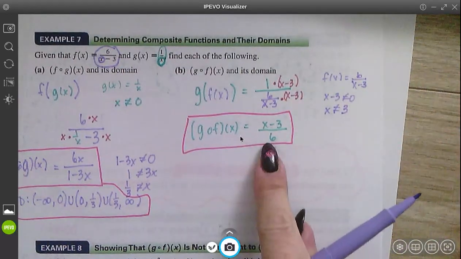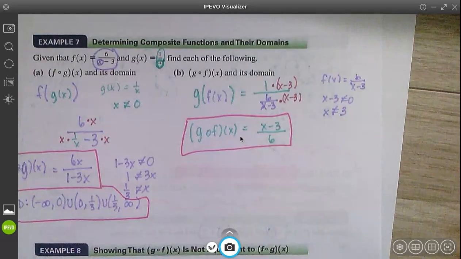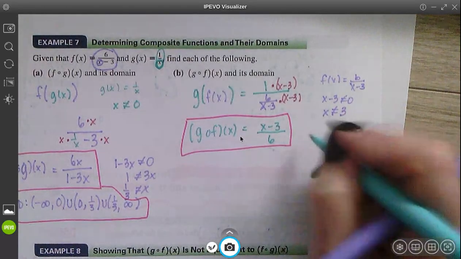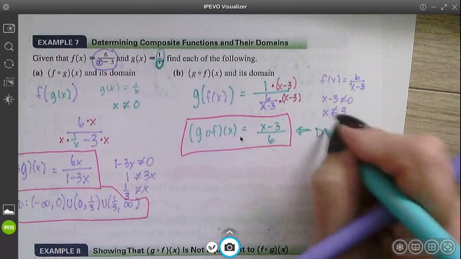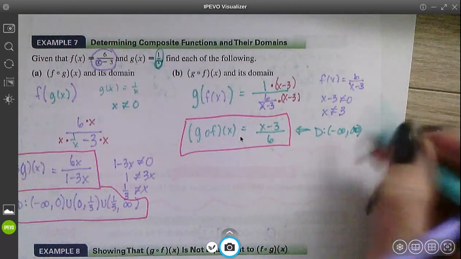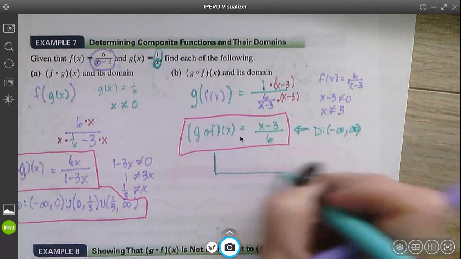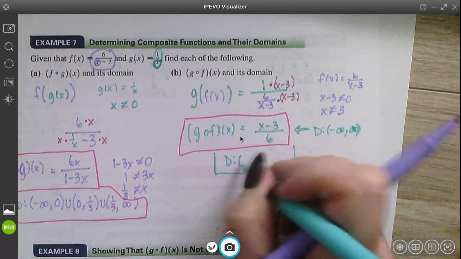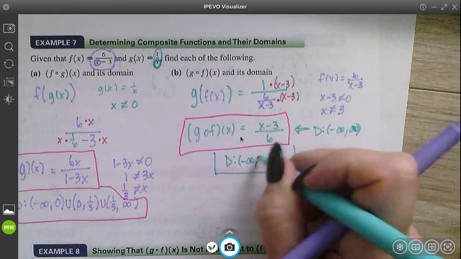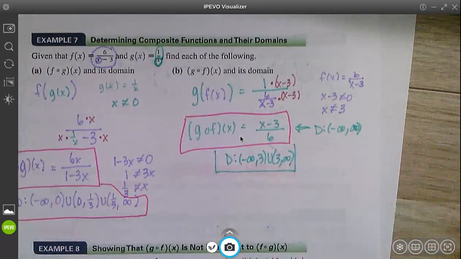The final function doesn't have any denominators with variables, doesn't have any square roots with variables, so the domain of my final function is all real numbers. Combining those two together, all real numbers with x cannot equal 3, that's going to give me a domain that goes from negative infinity to 3, skips over 3, and goes to infinity.